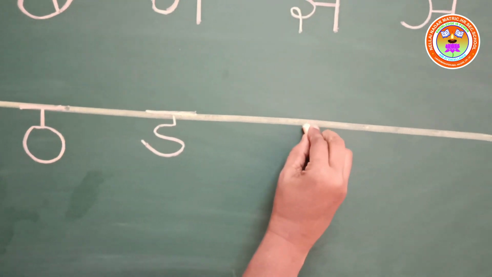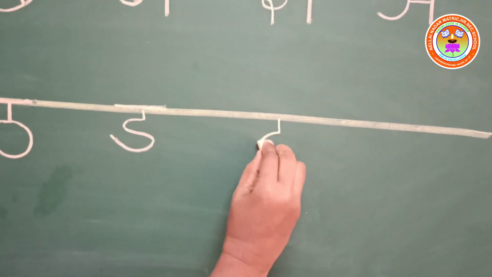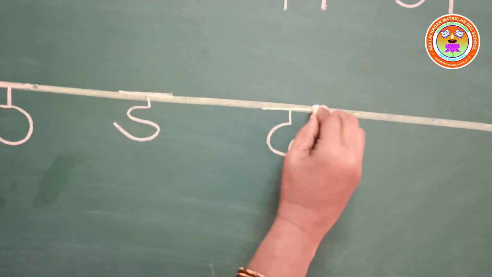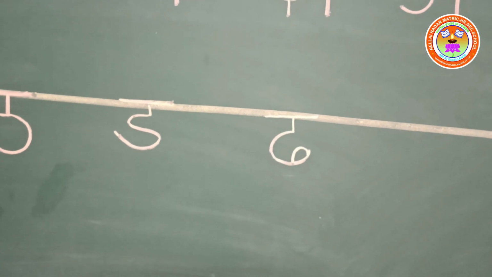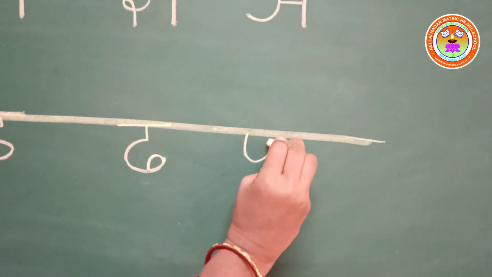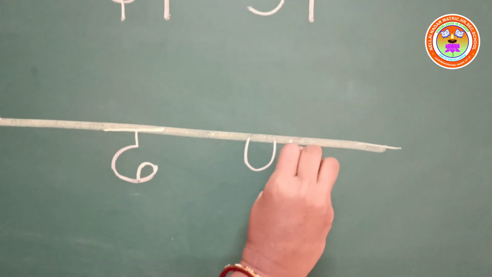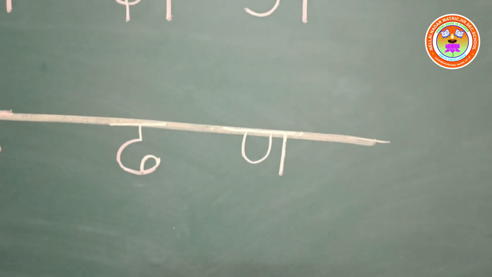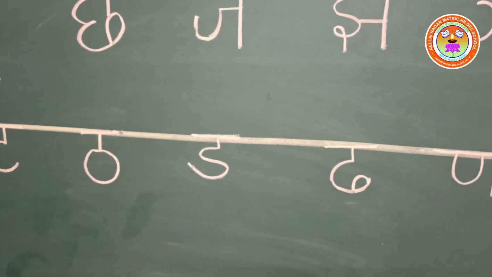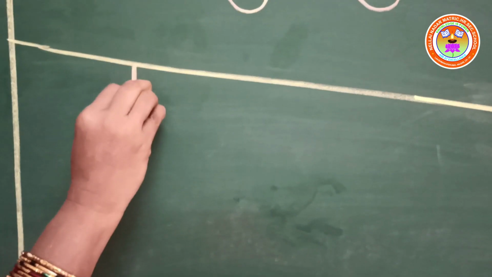D. Draw a small line, a C curve, bring it inside, don't go down, children, and a sleeping line on top of it. D. Draw a small U curve and a straight line and a sleeping line on top of it. N. T, t, d, d, n.